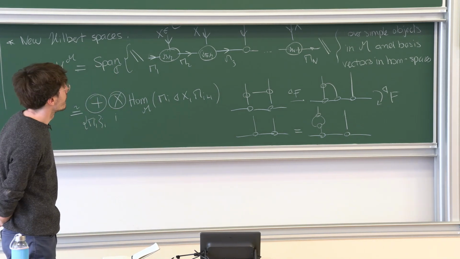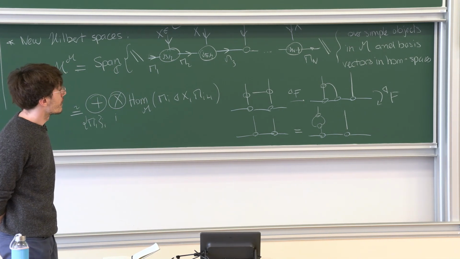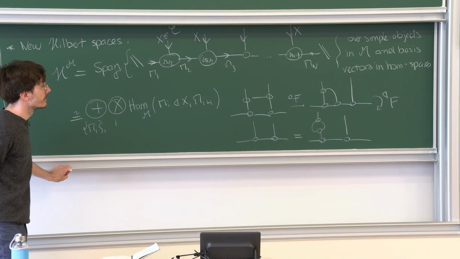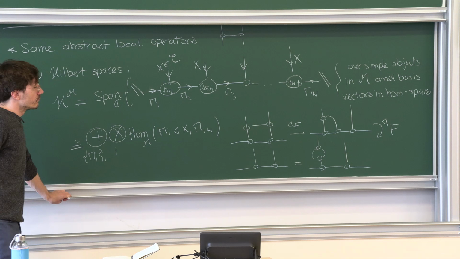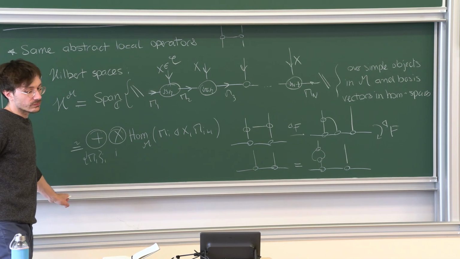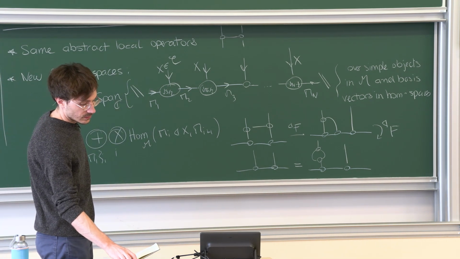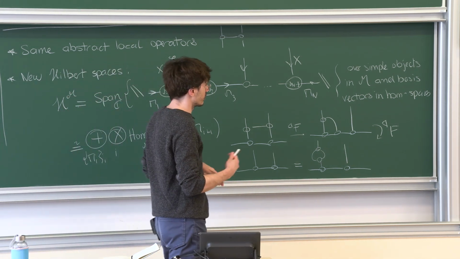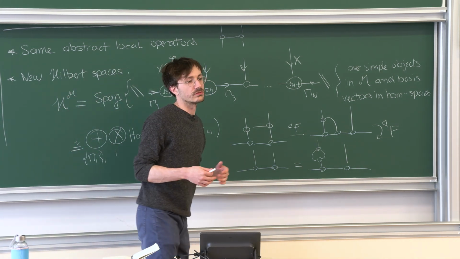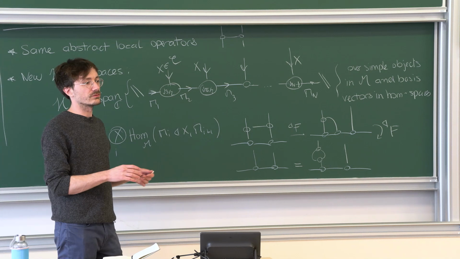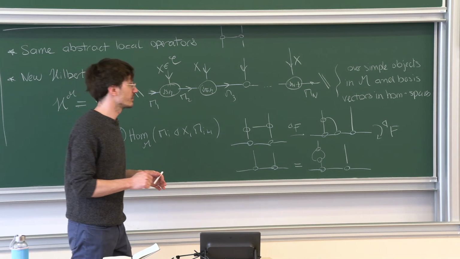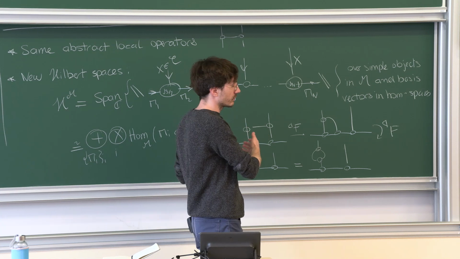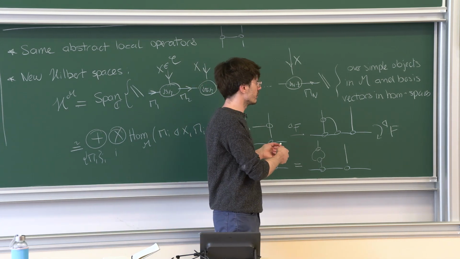Does the category C have to be spherical, or can it be a more general category? So first of all, the sphericality condition, as I said, some of the assumptions were comfortable, so that we wouldn't have to worry about some aspects. What we still need for sure is a notion of dual object.